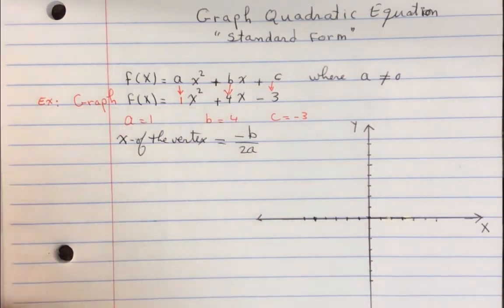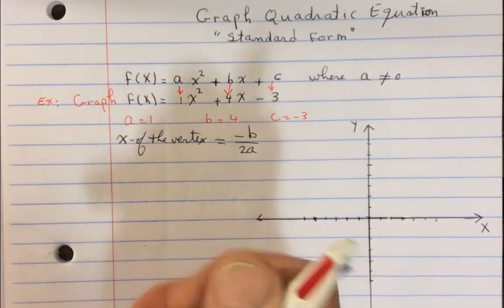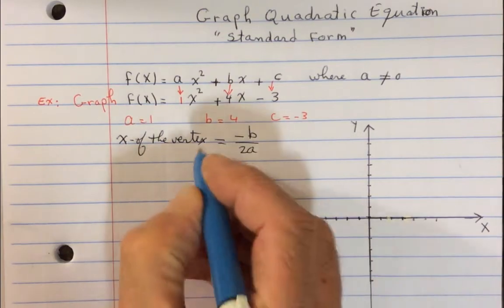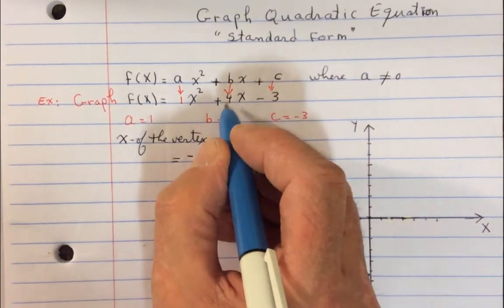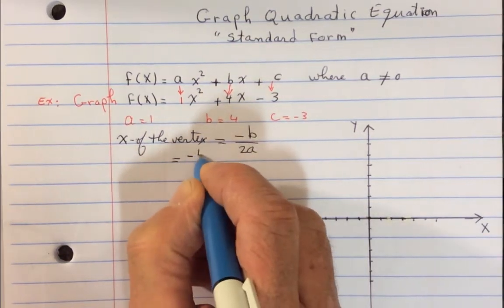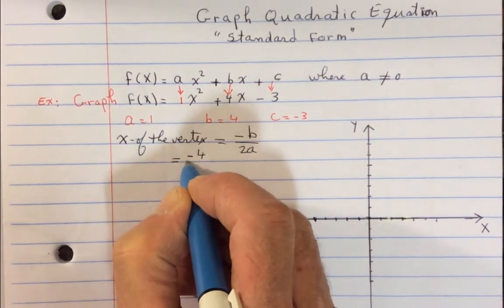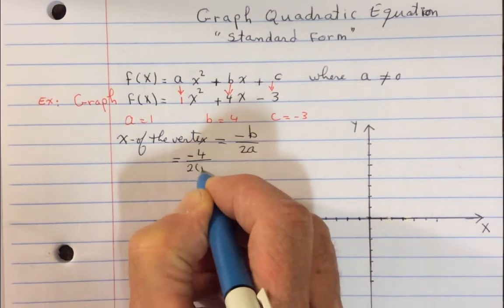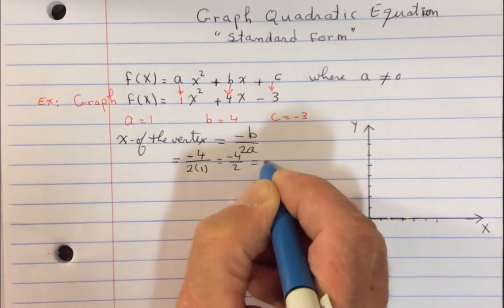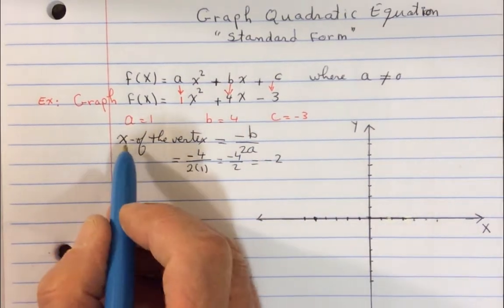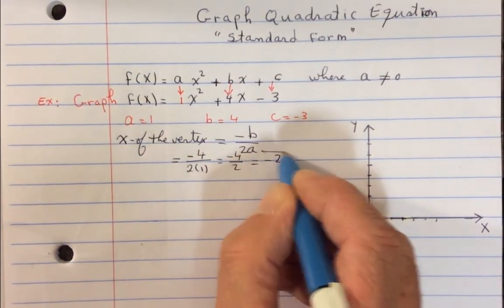So the x coordinate of the vertex is negative b. B is already positive, so negative b is negative 4, over 2 times a, 2 times 1. So it's negative 4 divided by 2, which is negative 2. This is the x coordinate of the vertex, negative 2.